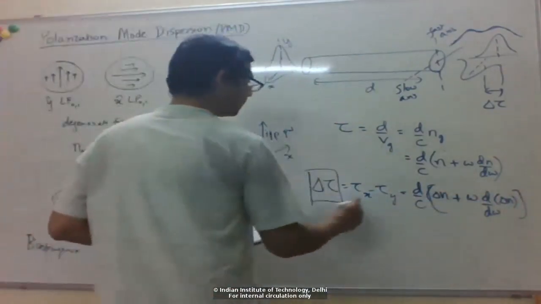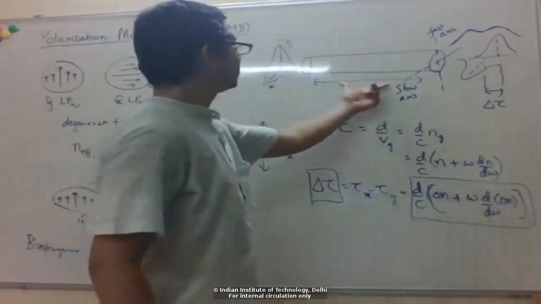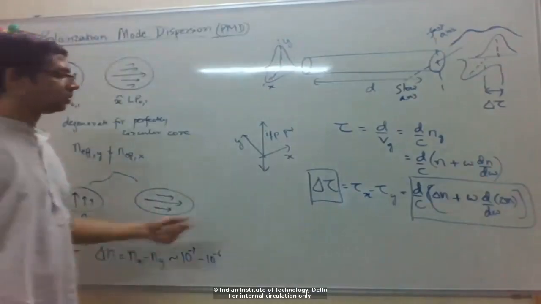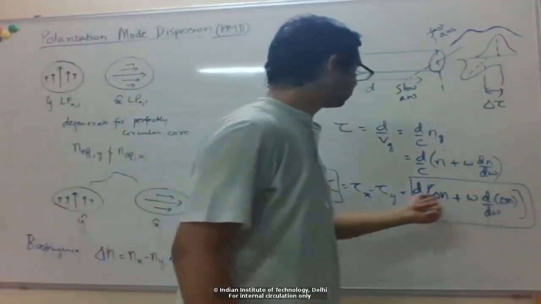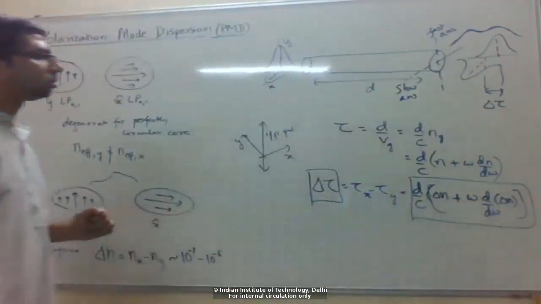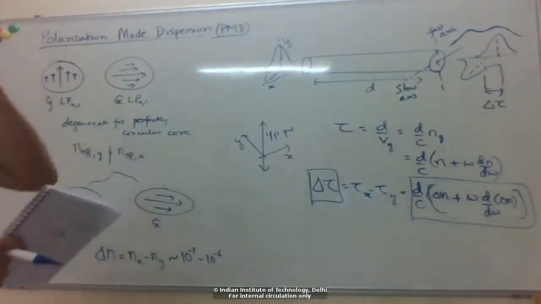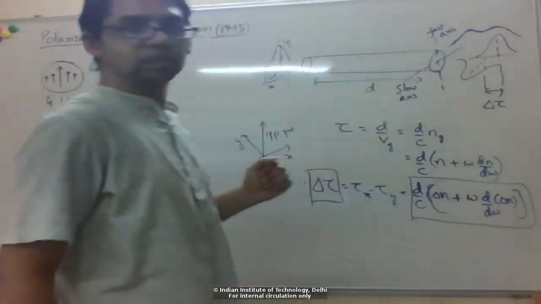So you can see that for a segment of fiber of length d with some birefringence delta n, there will be a broadening delta tau given by this. Now this is for a segment of fiber which has constant birefringence.